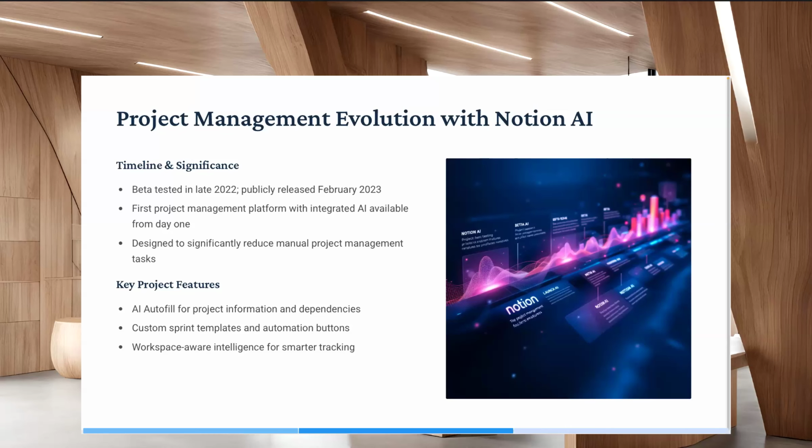For example, if you tell Notion AI you have a 3-week research project with a team of 4 people, it will automatically plan research time, analysis phase, write and edit cycles, and also prepare the presentation for you.